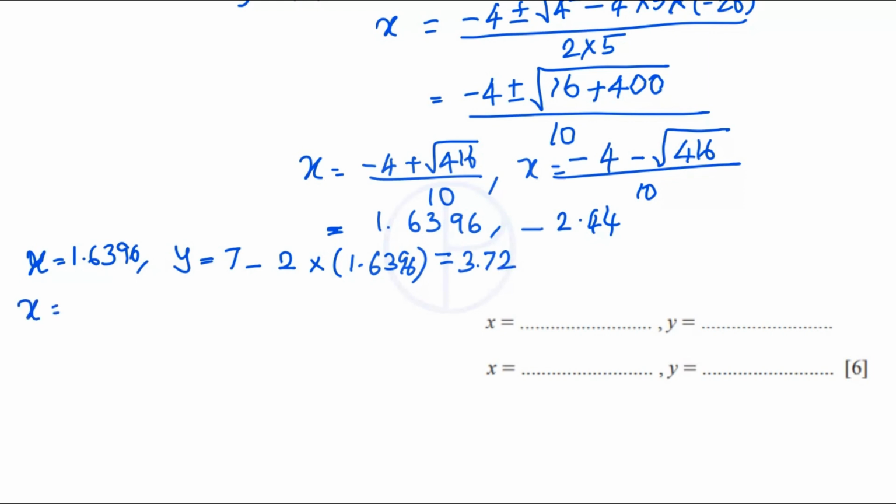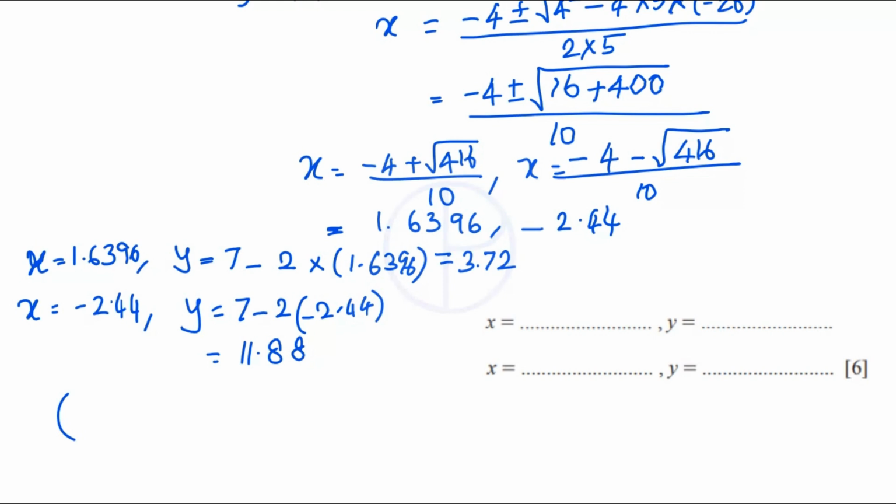And when x is negative 2.44, y is 7 minus 2 times negative 2.44, which is 11.88.